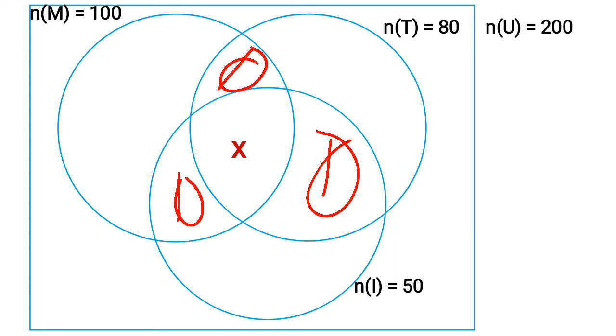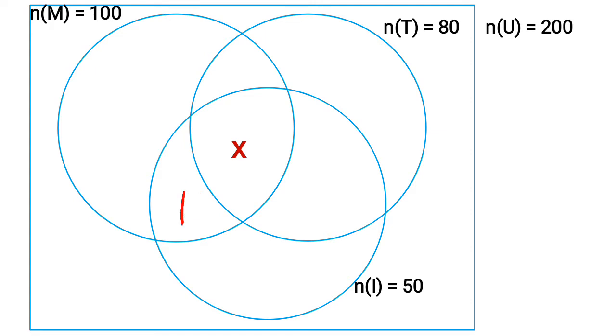But over here, the question has not given us the individual regions. We don't know this region, neither do we know this region nor that region. But the question is making us aware that 26 had exactly 2.